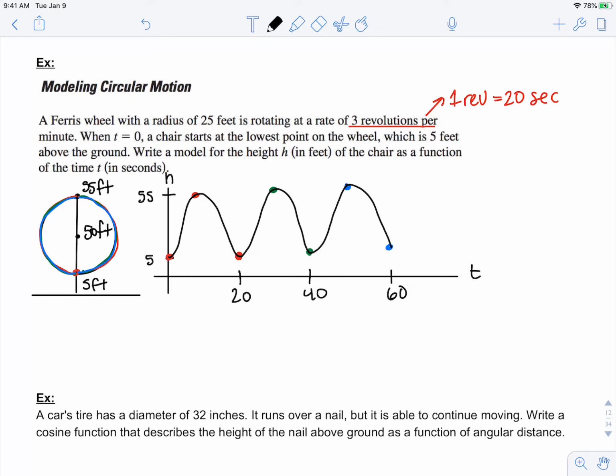So I didn't tell you which type of trig function to use. I usually like to use cosine whenever possible. For some reason, it's just easier to me. So I can see this here would be a negative cosine, but if I start here at 10, which is halfway through, this is 1 full revolution of cosine.